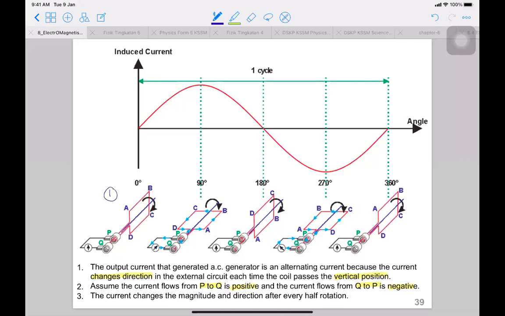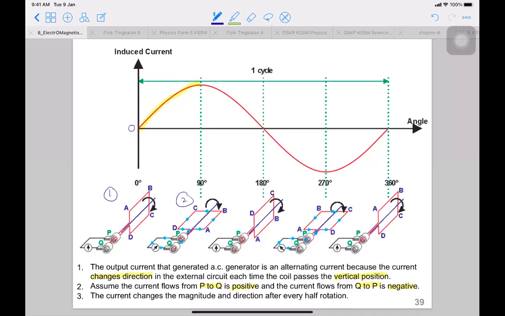In position number 1, because it is in a vertical position, so no cutting of the magnetic flux. So dia punya reading on the galvanometer will be 0. And then as it rotates, the value of the induced current will increase until it is in the maximum position like this, number 2. Okay, itu adalah maximum position.